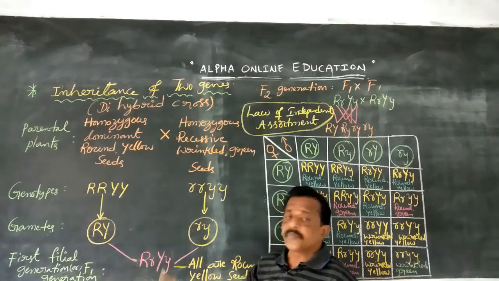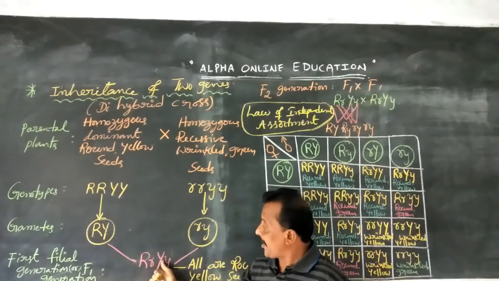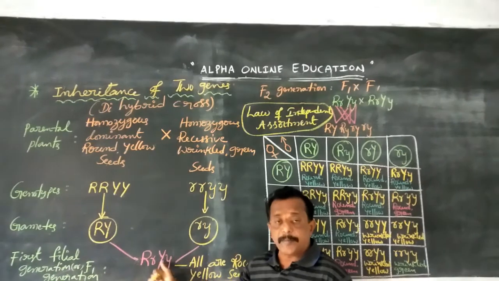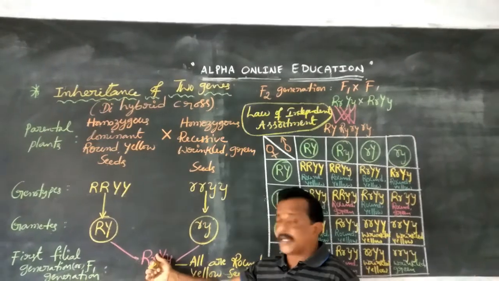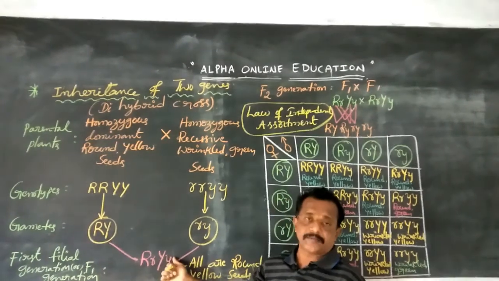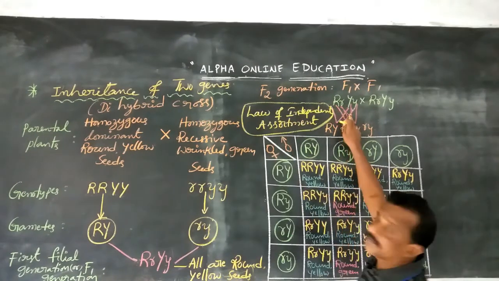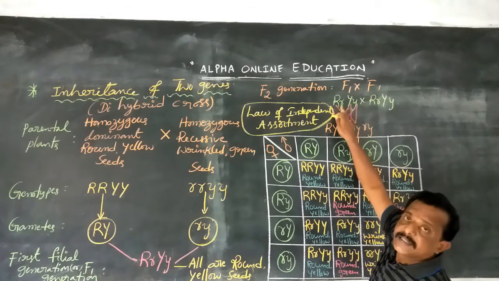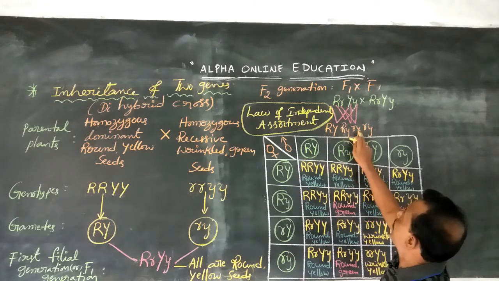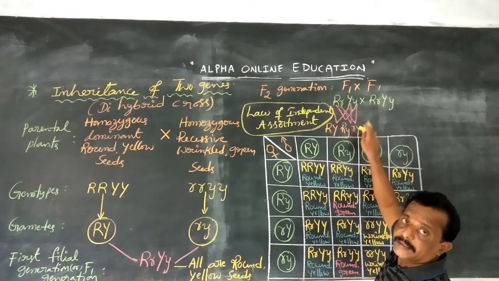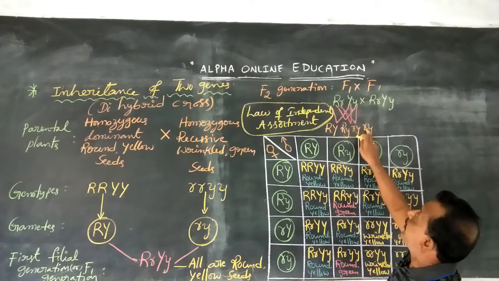What is the statement of the law of independent assortment? When two pairs of traits are combined in one hybrid, such as capital Y, small y and the other pair, these two pairs of traits are combined and then segregate. The segregation of one pair of characters is independent of the other pair of characters.